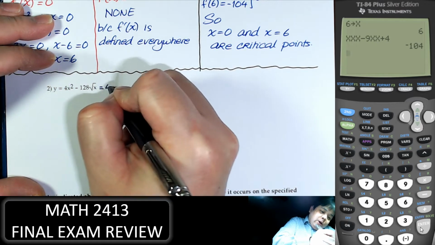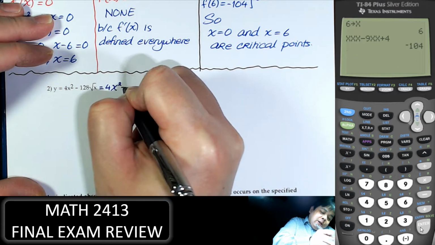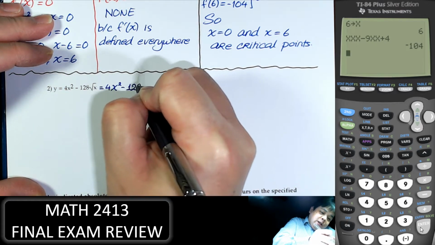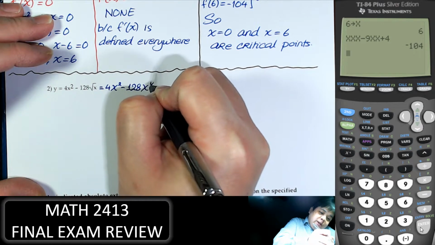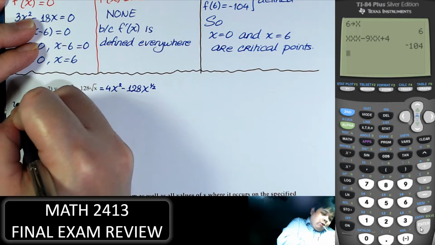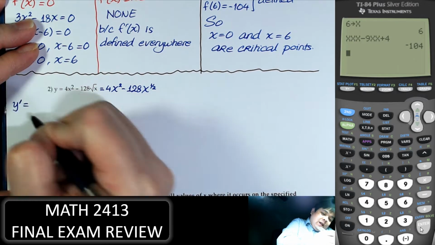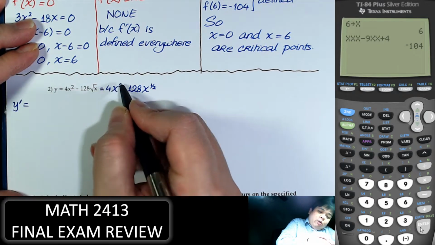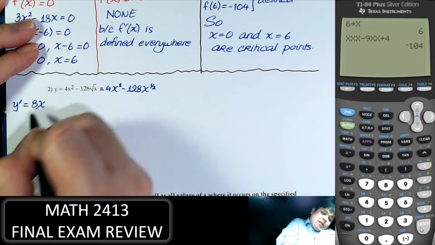So 4x squared minus 128 x to the 1/2. Now we can take the derivative. Power rule, take out the 2: 4 times 2 is 8x.